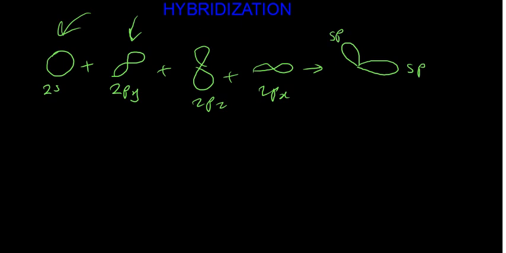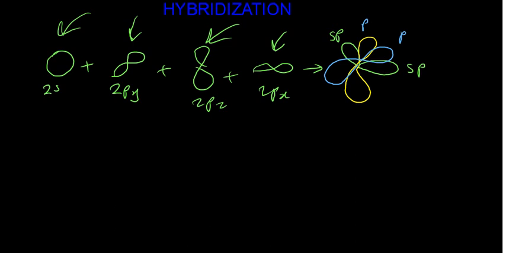But remember, we've remained with this one and this one. So the other ones we have remained with are 1p, like that, and then another p, like that. So this is a p, this is also a p. So this will be the hybrid orbital which is going to result.